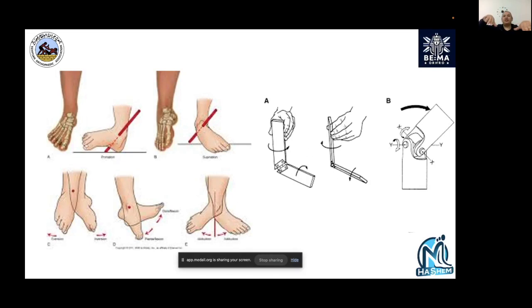So plantar flexion, inversion, adduction. Dorsiflexion, eversion, abduction. Muscle action: plantar flexion, tib post in action, moves the navicular up, gets the whole heel in varus and the whole forefoot into adduction. Other way around, dorsiflex, peroneus brevis in action, moves the heel into eversion, and gets the whole forefoot into abduction.